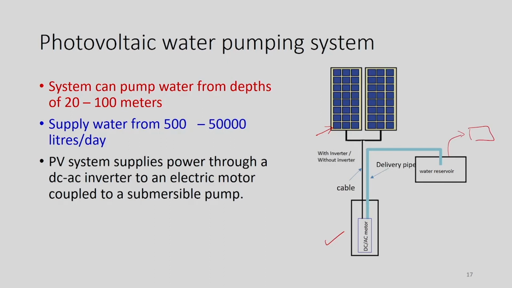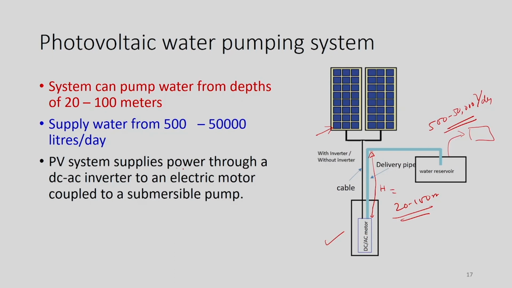So, with this kind of system, we can go up to a depth of 20 to 100 meter. Okay. So, this depth, from this head, maybe 20 to 100 meter. Okay. And this kind of system can supply water from 500 to 50,000 liter per day. Okay. So, that much water can be lifted. Okay.